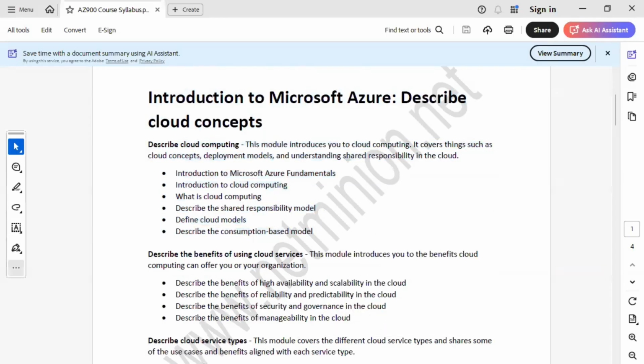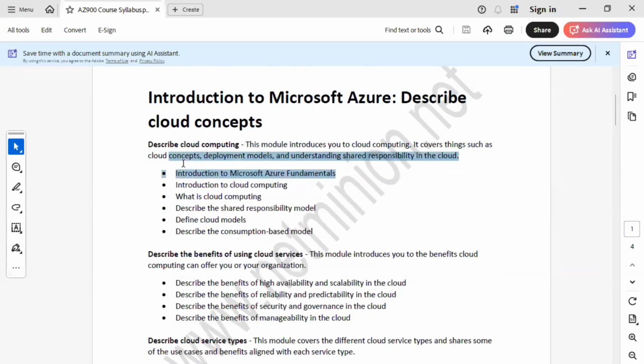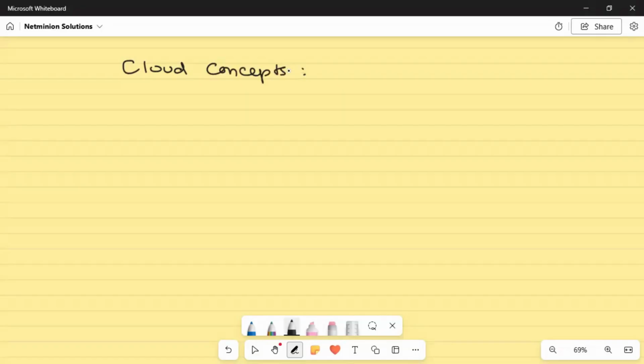And in this cloud computing, the very first thing we need to talk about is what is Azure fundamentals. What is Microsoft Azure fundamentals?